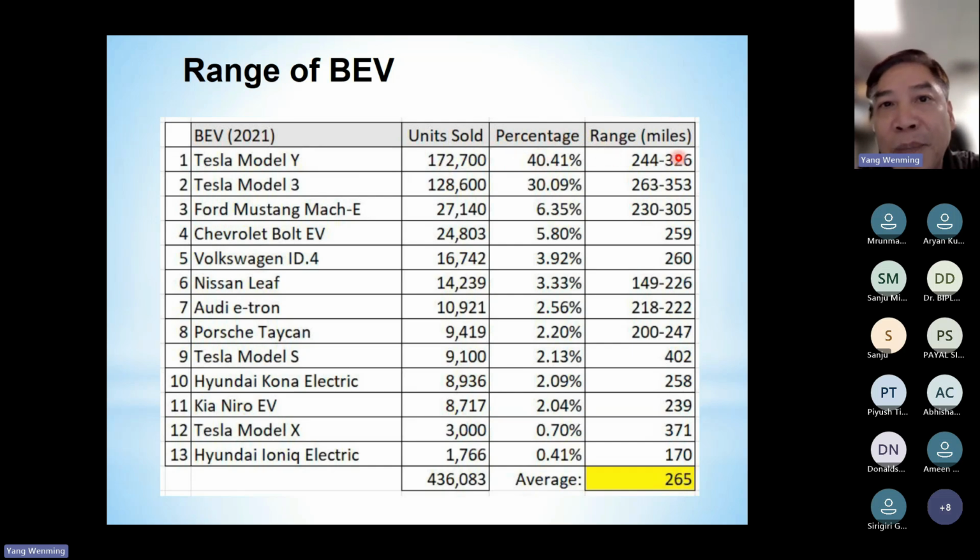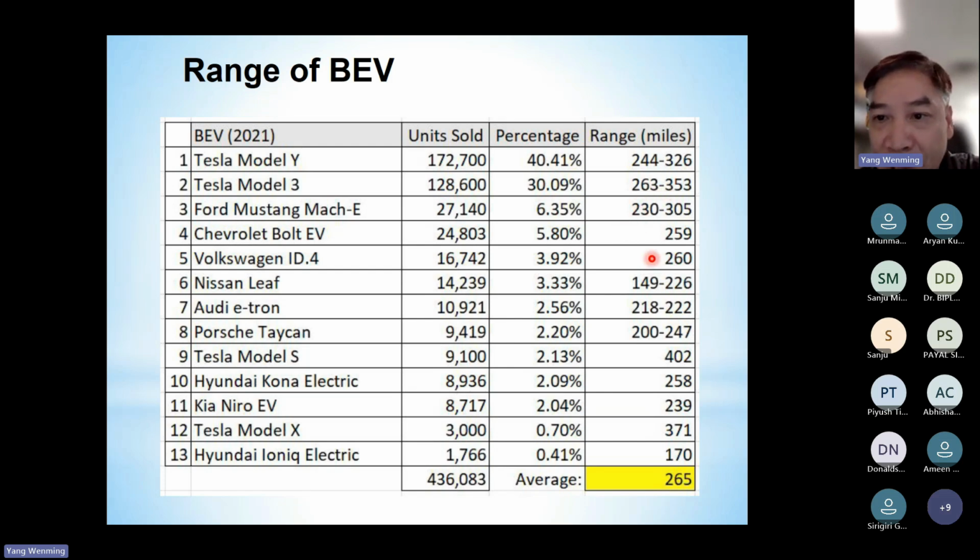This kind of electric vehicle can travel 244 to 326 miles every recharge. And the Tesla Model 3, the range is a little bit higher, about 263 miles to 353 miles.